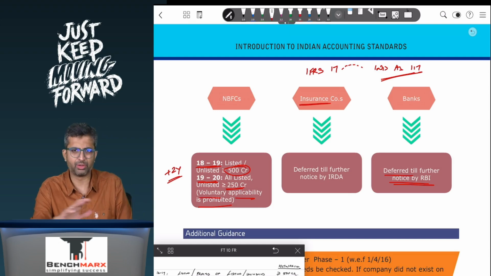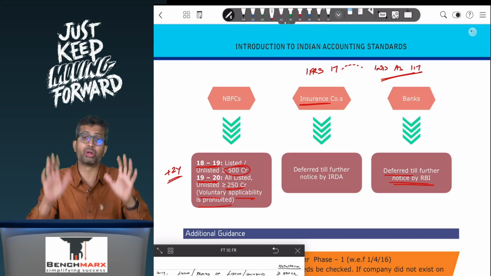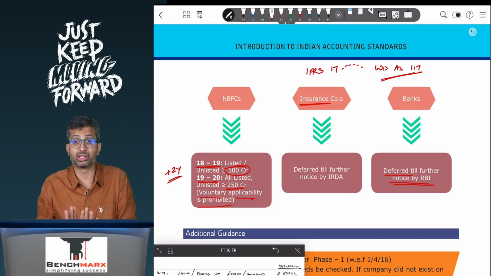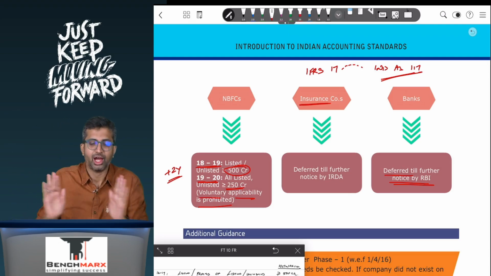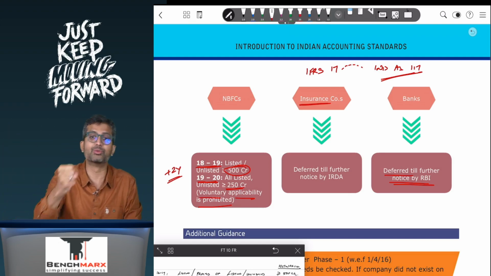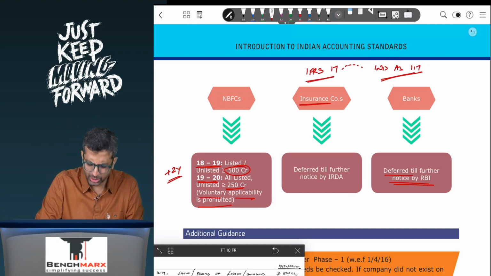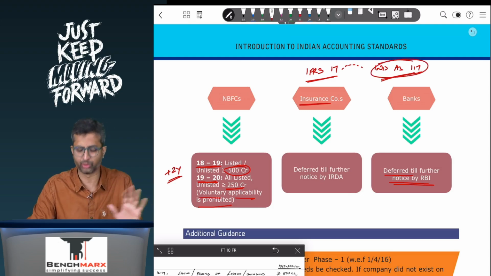It is not applicable for your 2025 attempts, maybe not even for 2026, but the institute has not yet notified. If there is something which comes, we will discuss 117 separately, but before that you have to clear your exams. Before that you have to go out of the institute system, so that gives you more motivation to clear faster. Okay, as we speak, there's no such mandatory applicability, at least for your syllabus.